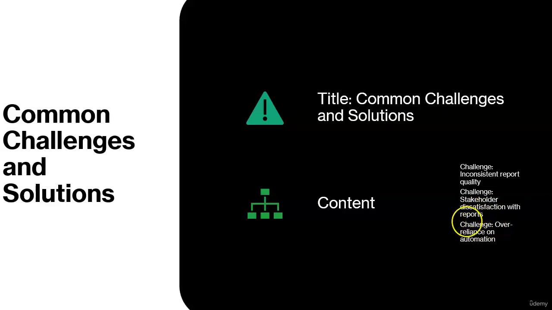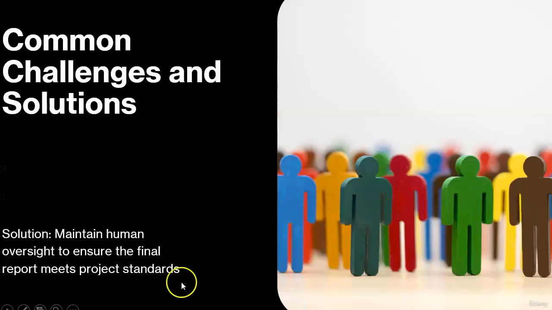Another challenge could be stakeholder dissatisfaction with the reports. The solution here is to customize the reports more closely to meet their needs, and of course, avoid over-reliance on automation. Human oversight is essential for maintaining the quality of your reports. So the final solution, as we mentioned, is to maintain human oversight to ensure the final report meets project standards.